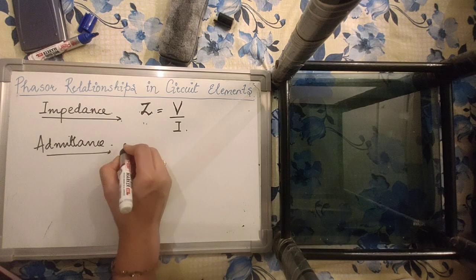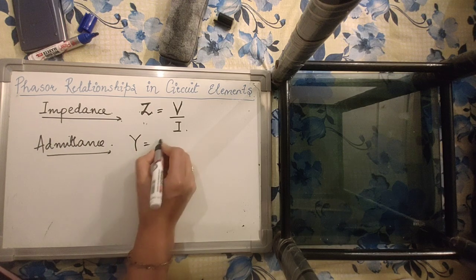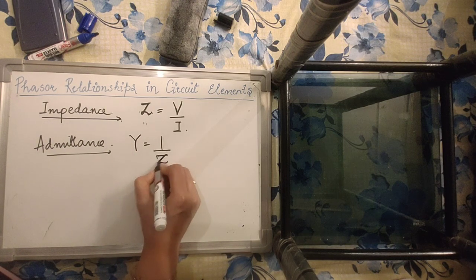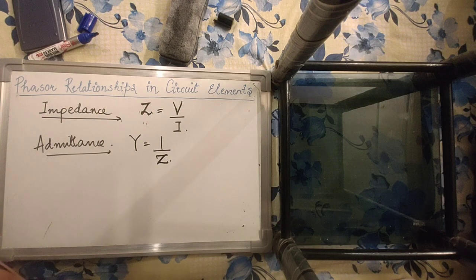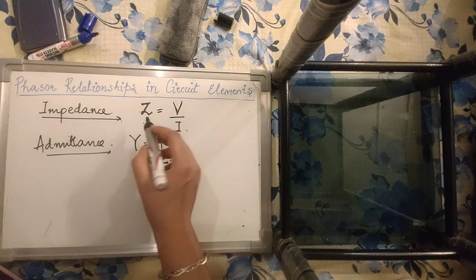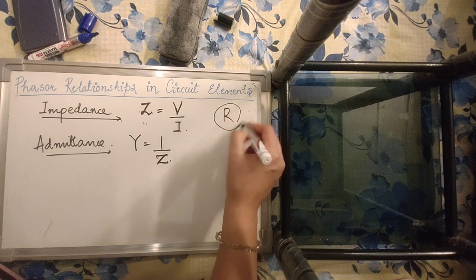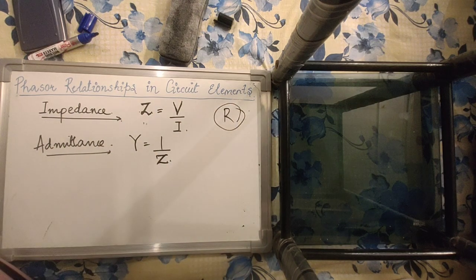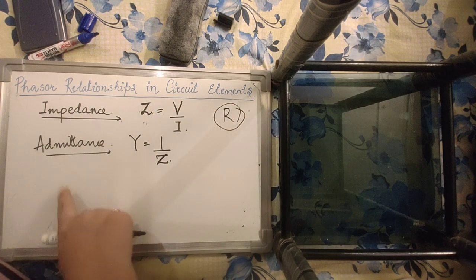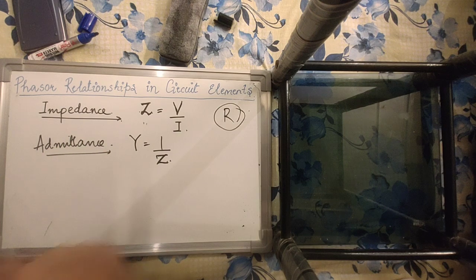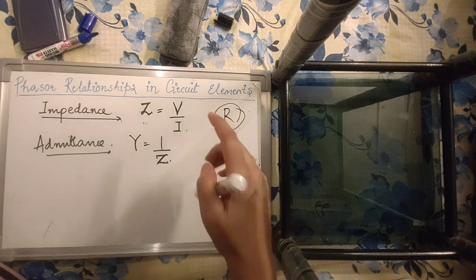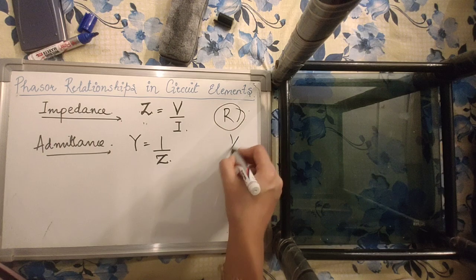So naturally, admittance, or Y, is the inverse of Z. In resistive circuits or in pure DC circuits, the impedance is nothing but the resistance, because L and C do not have roles to play there. And the admittance in DC circuits is often referred to as conductance, where conductance is simply 1 upon R, right?